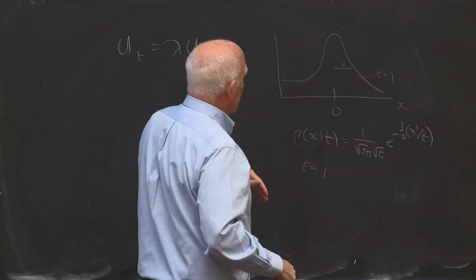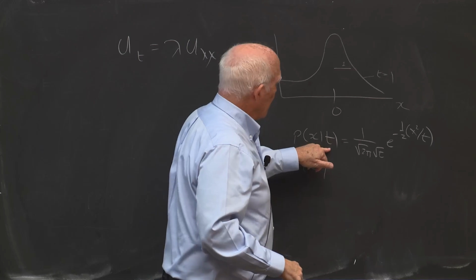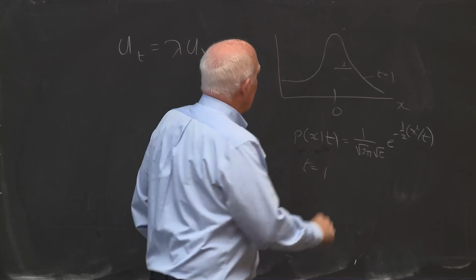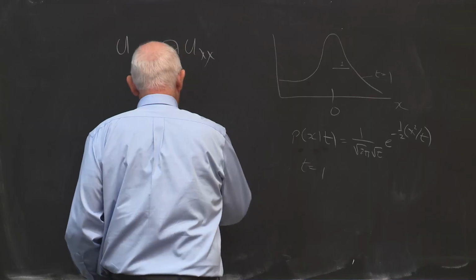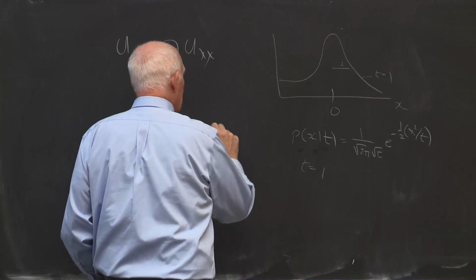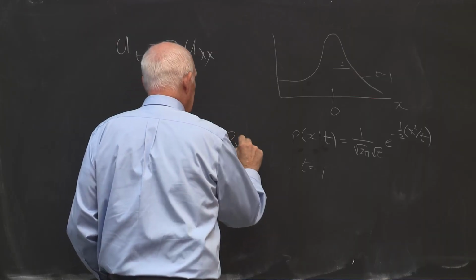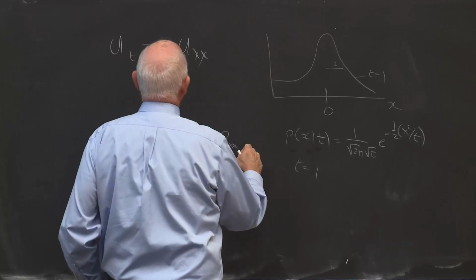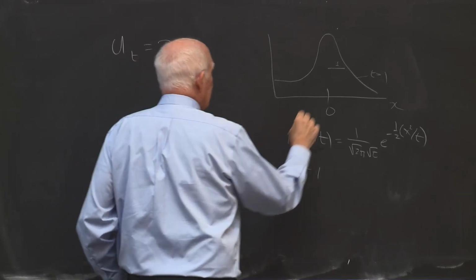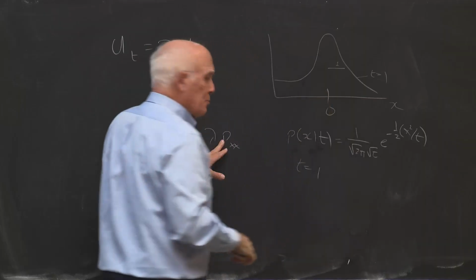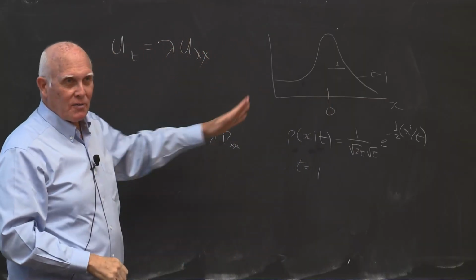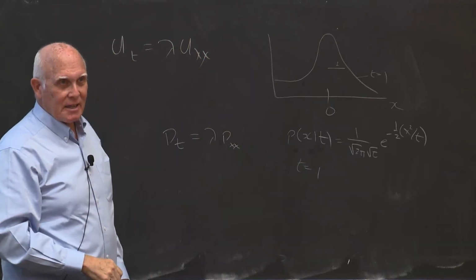And if we consider increasing time, then the change in p, so p sub t, is equal to lambda times p sub xx. And so the change over time is proportional to the curvature of the density.